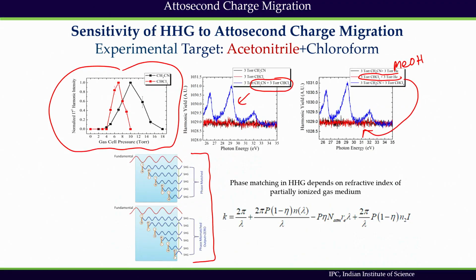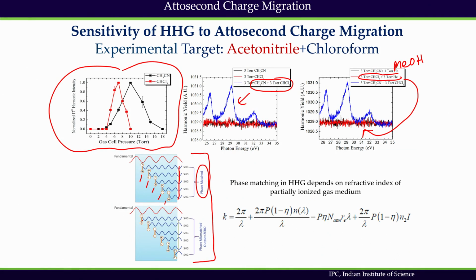If these two electromagnetic fields are in phase, then we call it phase matching, and that's exactly exemplified here. Each dipole is creating a new field, and those fields are in phase, and that's why it is phase matched.